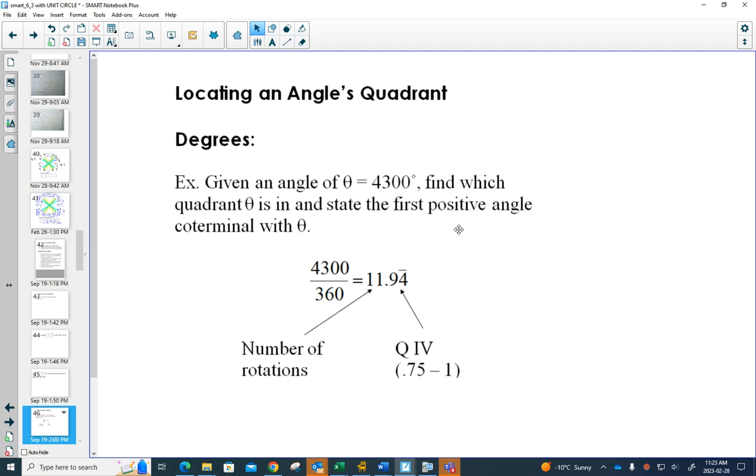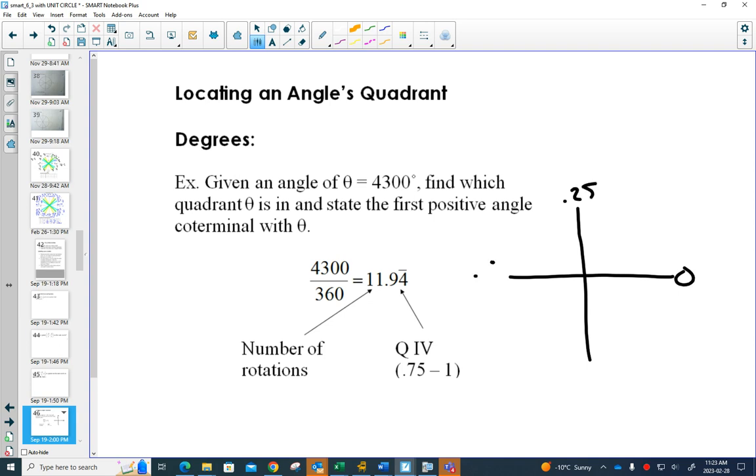Does it make sense that this 0.94 would be in quadrant 2? This is a quarter of the way around, this is halfway around, this is 3/4 of the way around. At 0.94, I'm almost another full time around, but not quite, so it's going to end in quadrant 4. That's if I have a calculator.